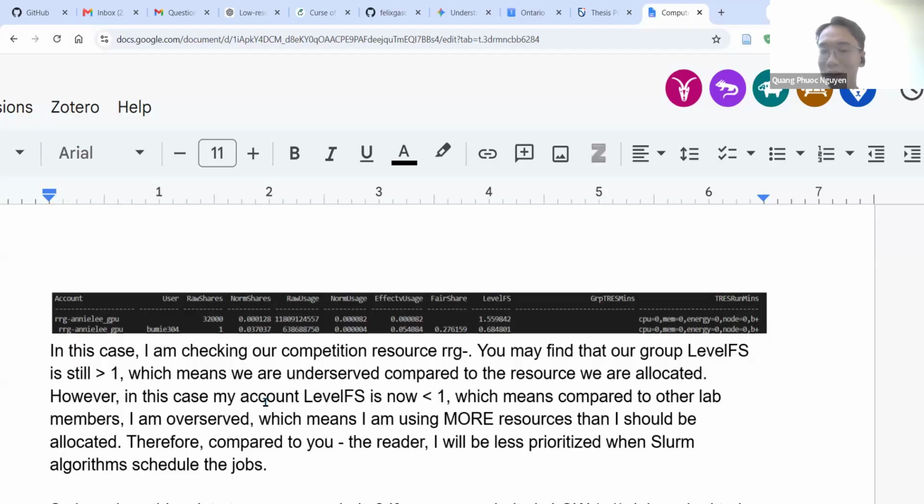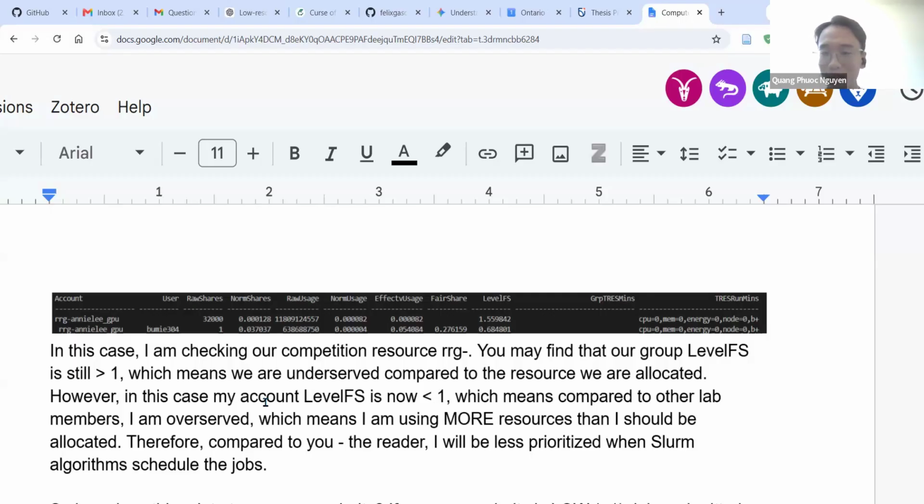Our research group jobs will have longer queue time than other research group jobs, and this might affect your deadline, for example, if you have a really urgent deadline for the upcoming ARR cycles.